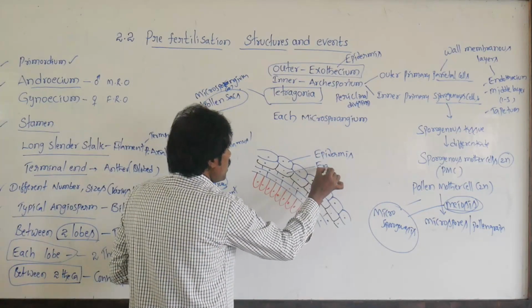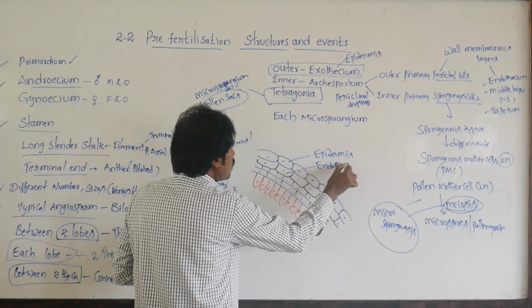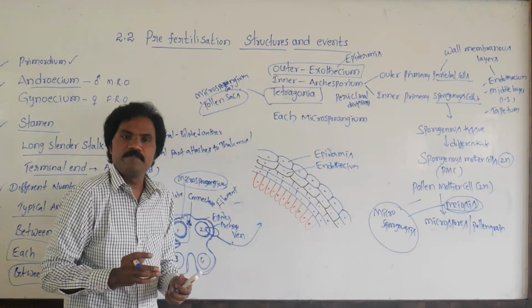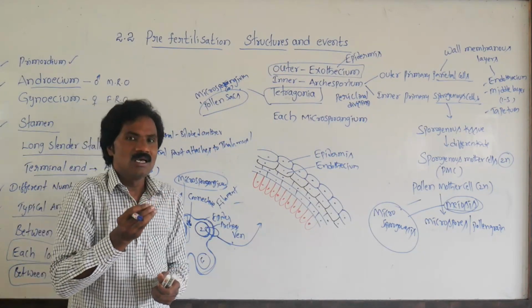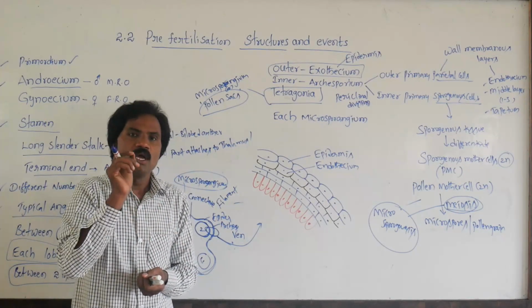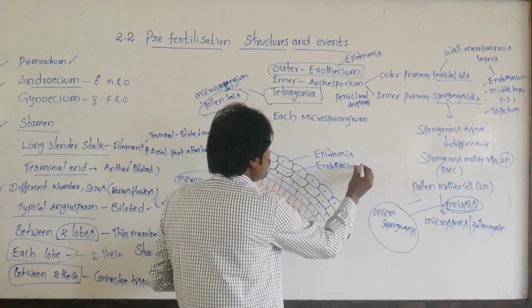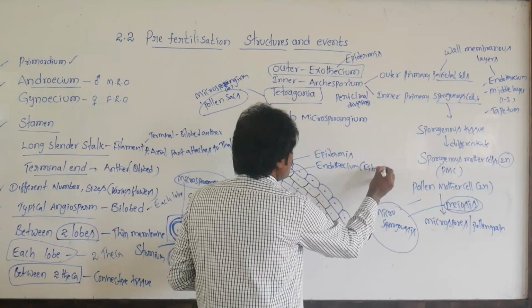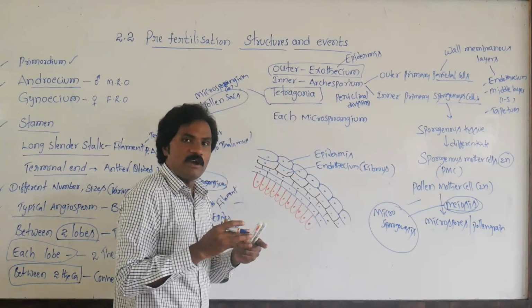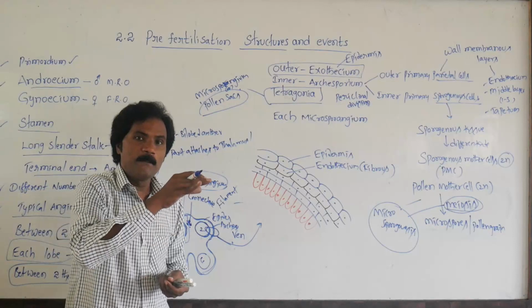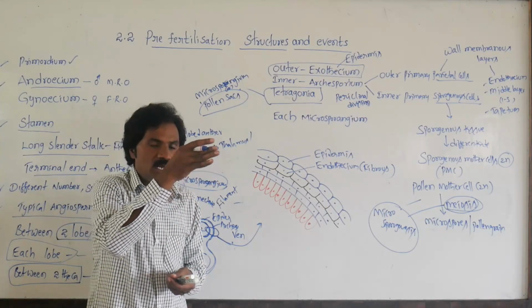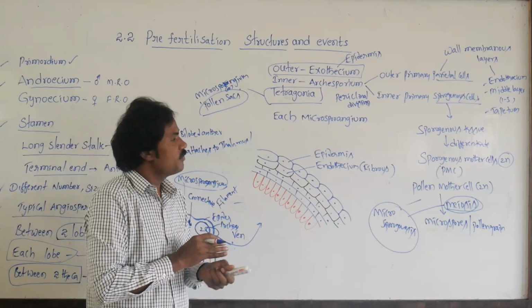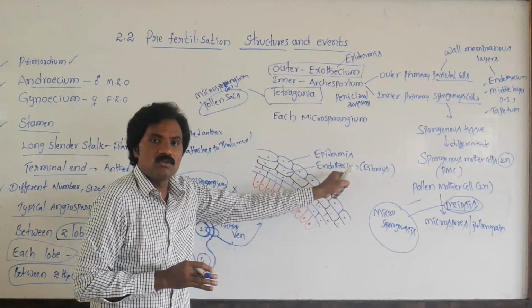Then the endothecium. The endothecium is covered with cellulose, that's why it is a fibrous layer. It forms a fibrous membrane. Whenever dehiscence occurs, the fibrous layer plays a vital role.